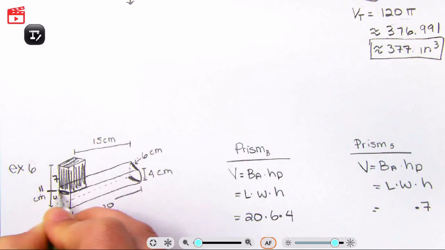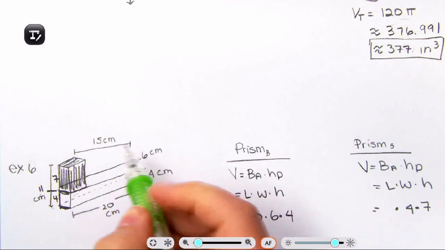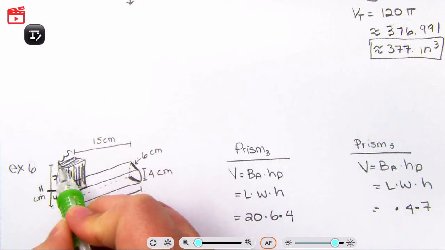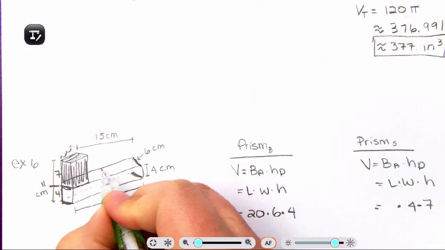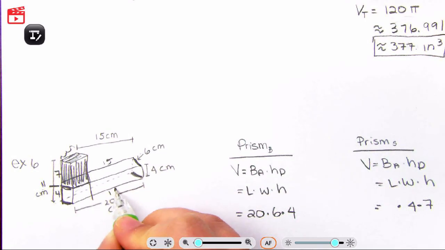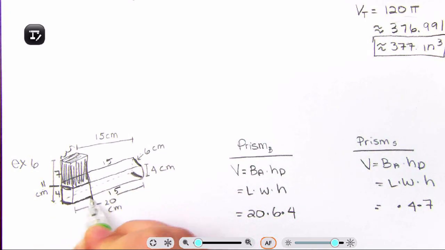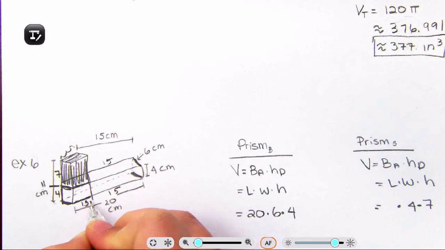The width is 4. And the length, what is this length? We want to know what that measure is. We know that this is 15. So if I'm going to cut this down, this section is just 5.